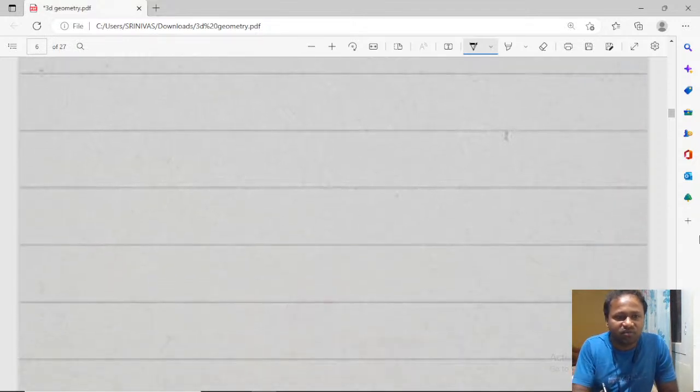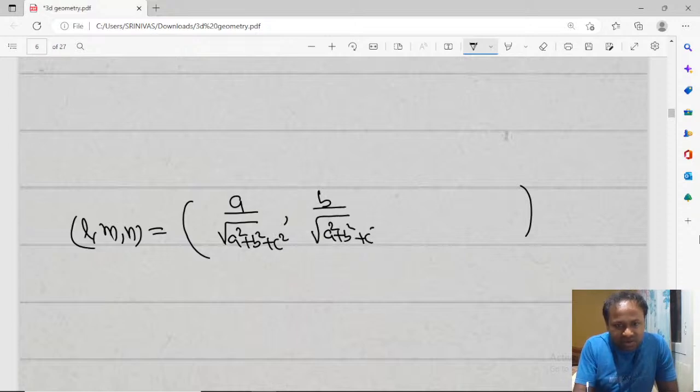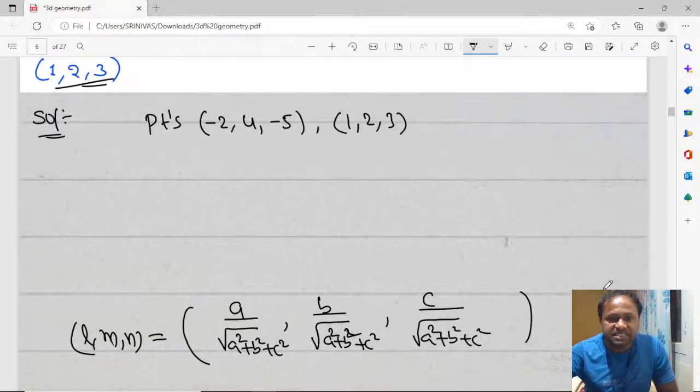To find DCs, we have the formula. What is that formula? L comma M comma N is equal to the relation between DCs and DRs: A by under root of A square plus B square plus C square, B by under root of A square plus B square plus C square, as well as C by under root of A square plus B square plus C square. Here we need to find ABC values. How to find? Easy.